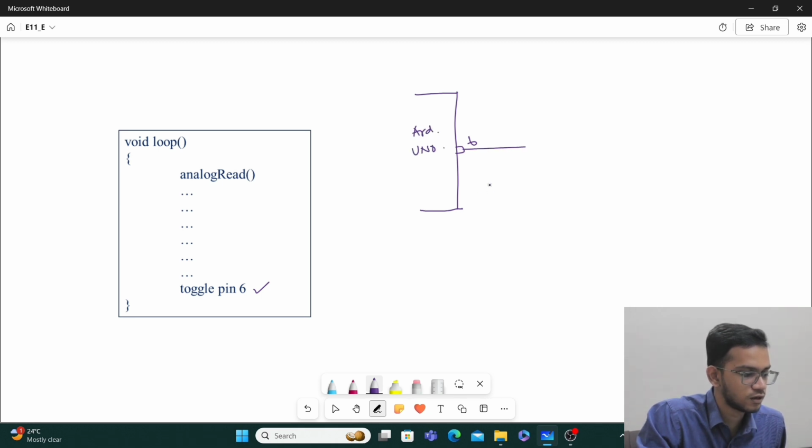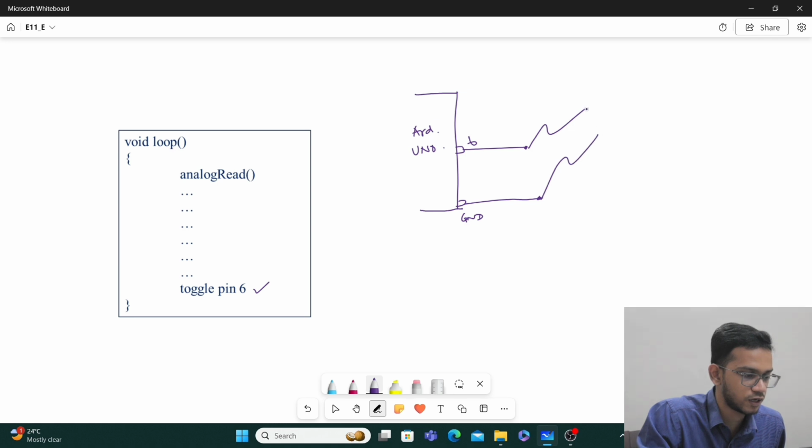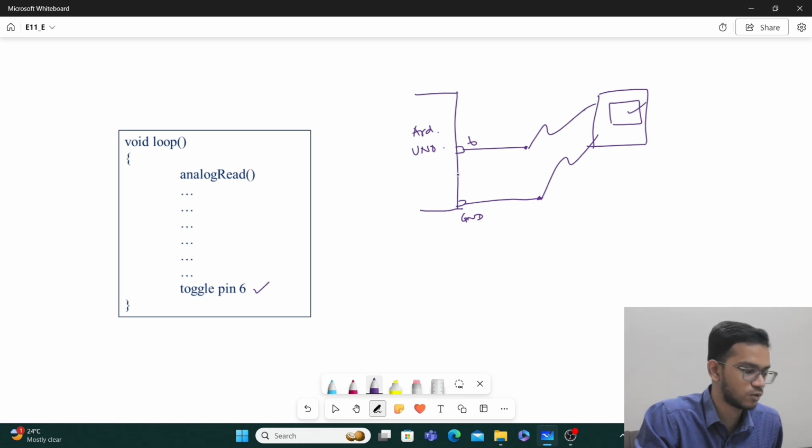You are connecting a DSO across pin 6 and ground of your Arduino. Let us assume this case. You are measuring the voltage, connecting a DSO, a scope basically, across these two pins. Here's your probe, and then you are connecting it to a scope, and then we are viewing the waveform here. How will the waveform look?